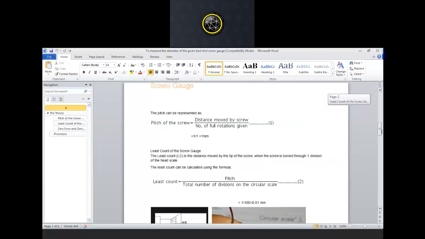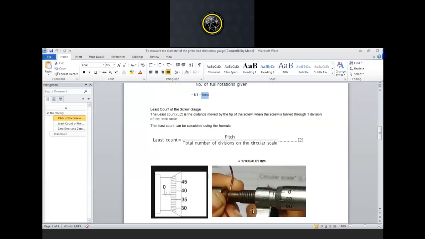Next, least count. What we have to do, we have to put pitch here, whatever we have calculated earlier, this one, 1 mm. Then, the total number of circular divisions of the circular scale. That means, you have to see the divisions here.